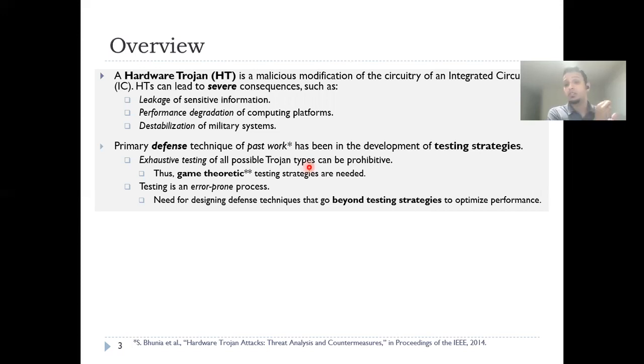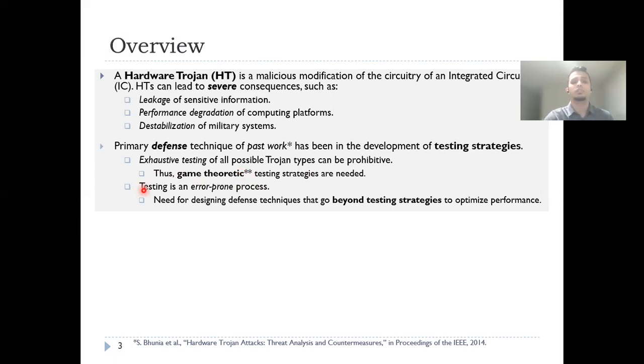Because if we try to test all the ICs, then the cost is huge. So we somehow have to figure out some strategies to pick and choose certain ICs. So how do we do that? We actually use game theory to optimize or strategically choose certain ICs to test for the presence of a Trojan.